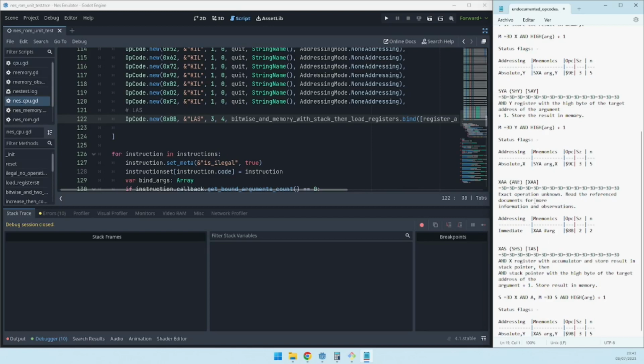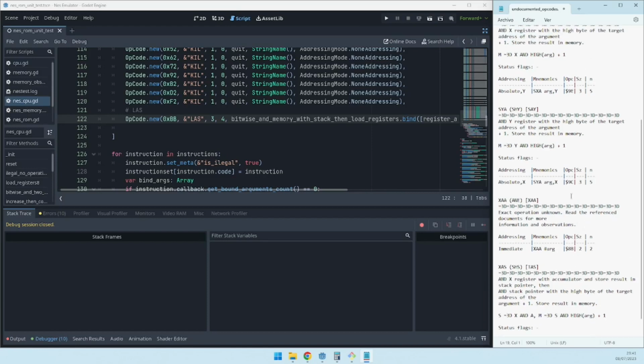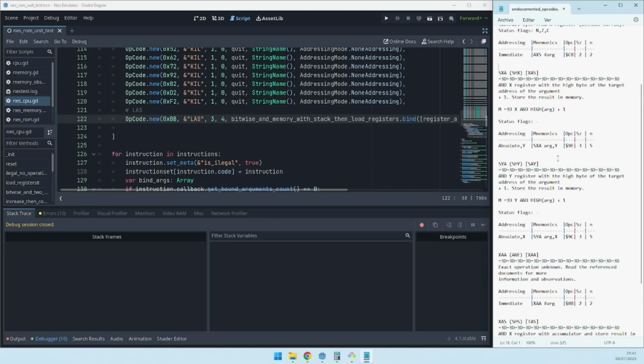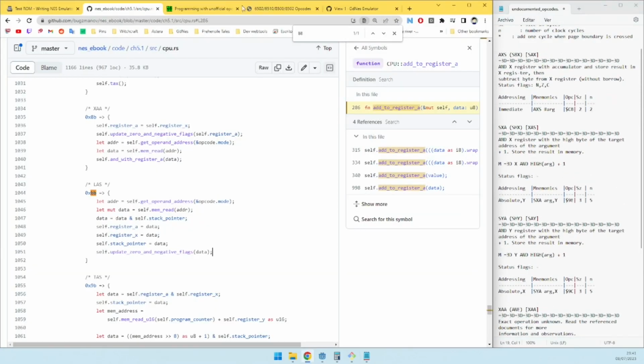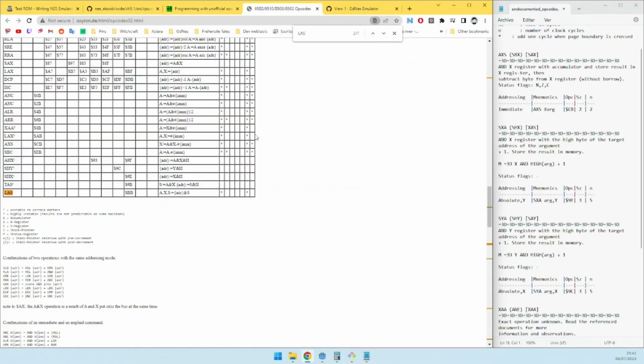Exact operation unknown. Read the referenced documents for more information. So I think this one will be more descriptive in this table.